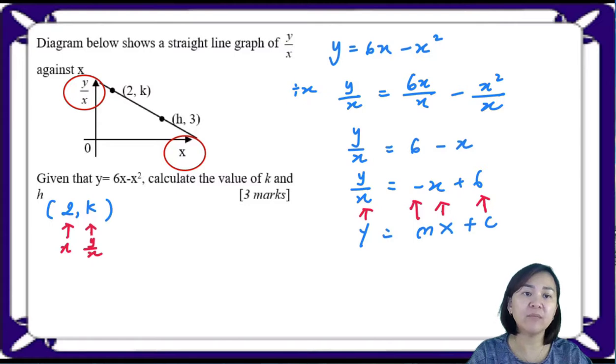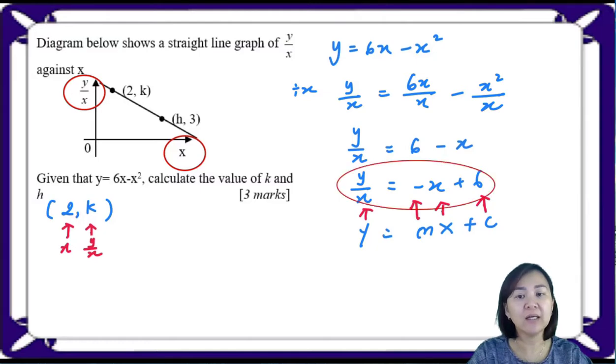Because from the given diagram, the axis of y is y over x. Therefore, the value of k also equals y over x. Substitute into the linear equation. So our y over x is replaced with the value of k, equal to negative 2 plus 6. Therefore, our value of k is equal to 4.